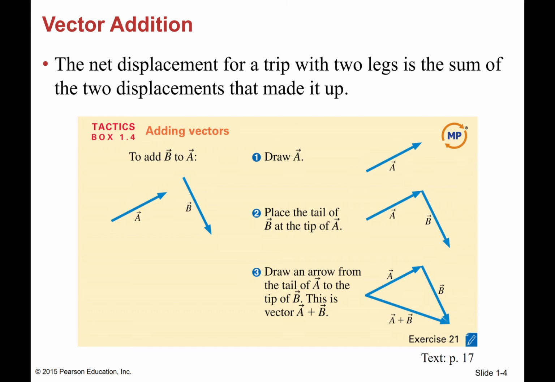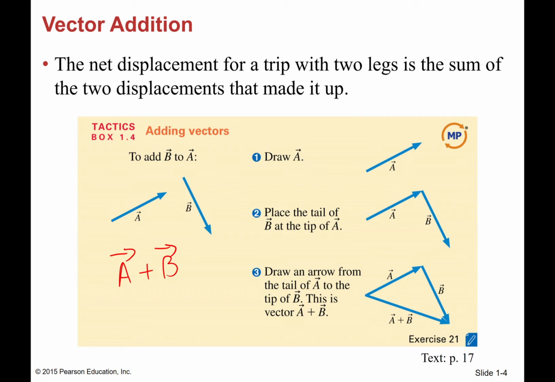Sometimes we are going to need to do mathematical operations on vectors, and the first one that we're going to do is addition. So we are going to take two vectors and find the resultant vector. Here we have A and B, and we want to find the vector A plus B. To do that, there are two ways. For now, we're going to study the graphical way.